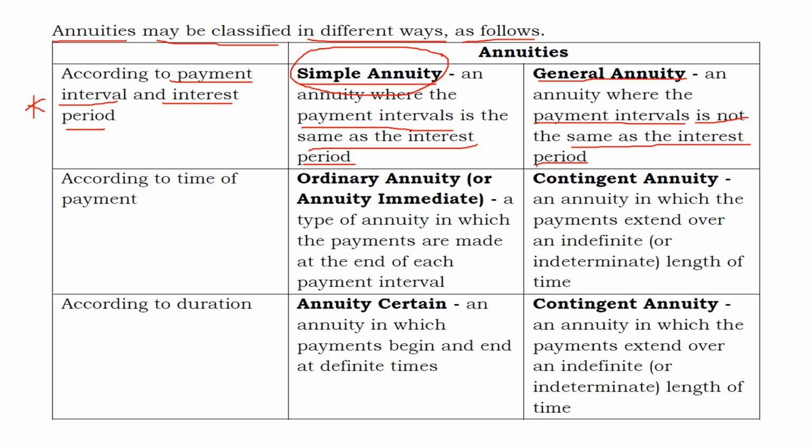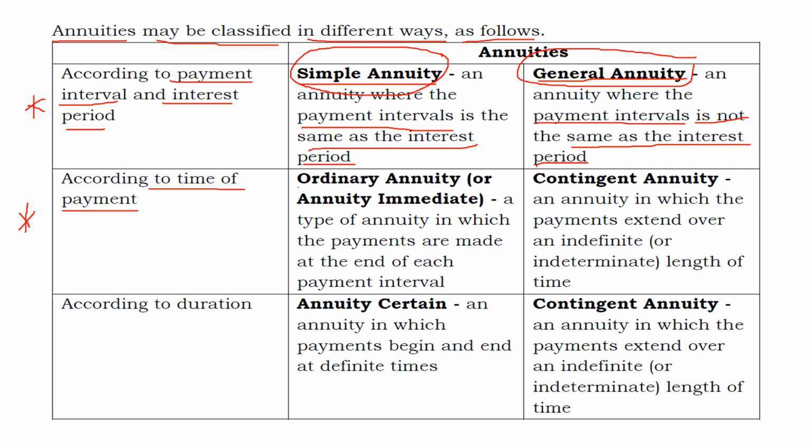When your payment interval is not the same as the interest period, that annuity represents a general annuity. Those are the things that we need to take note of in defining your simple and your general annuity. Now, let's classify an annuity according to time of payment.